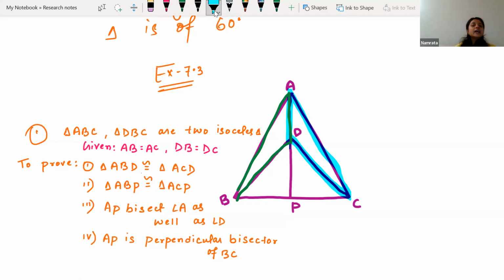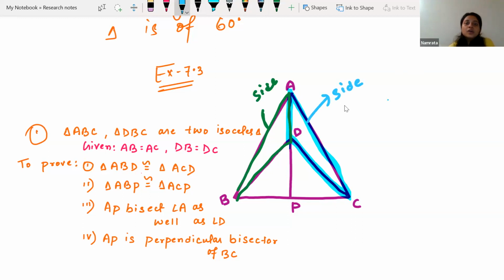Now here, let's see what exactly we have that is the same. We know AB, this side, is equal to that side, AC.